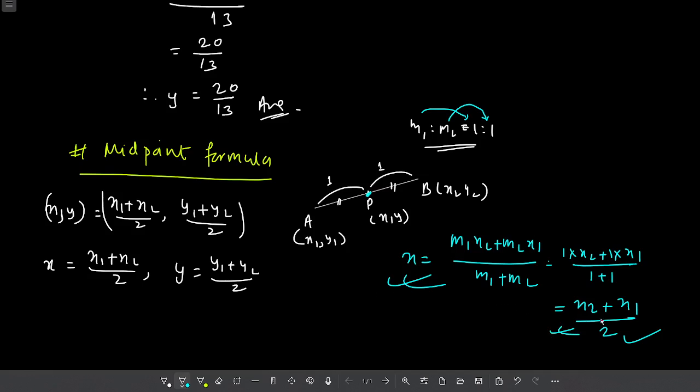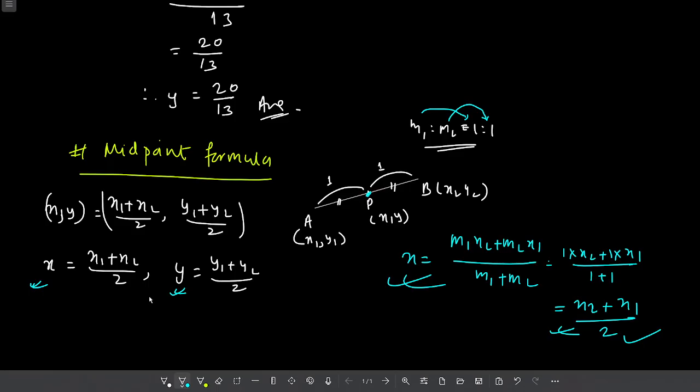So it has been derived from the same section formula, and because the midpoint divides the line into 2 equal halves, if you take the ratio, you can write 1:1. We can say that, or it will be easier to remember this formula directly.